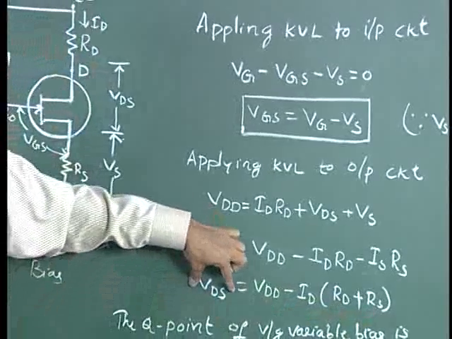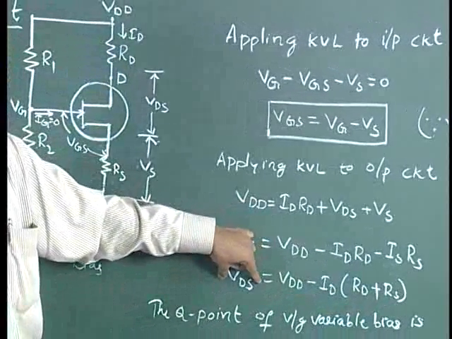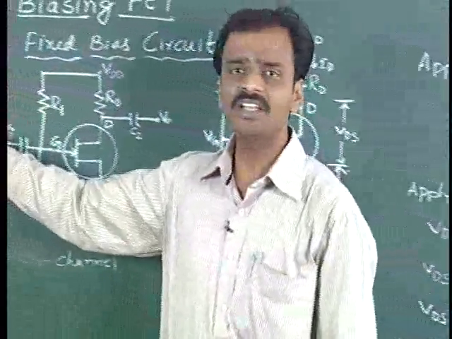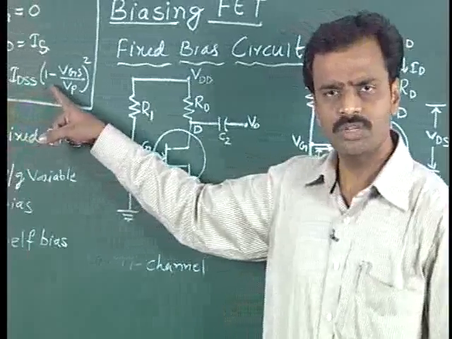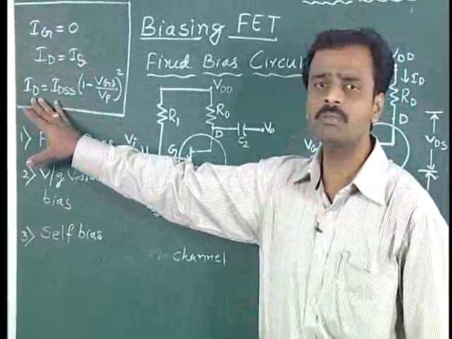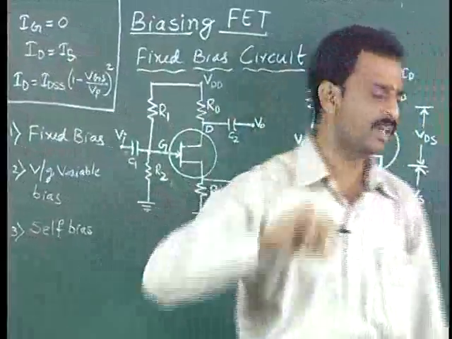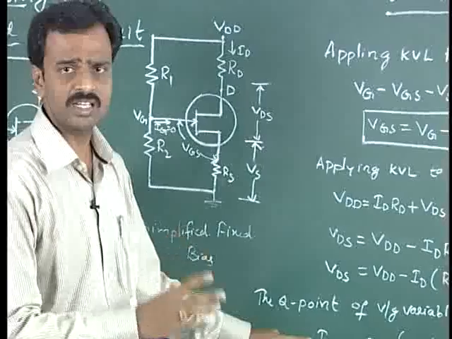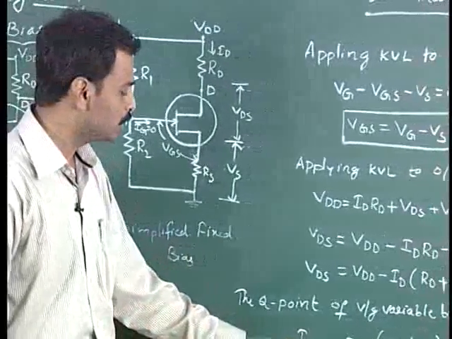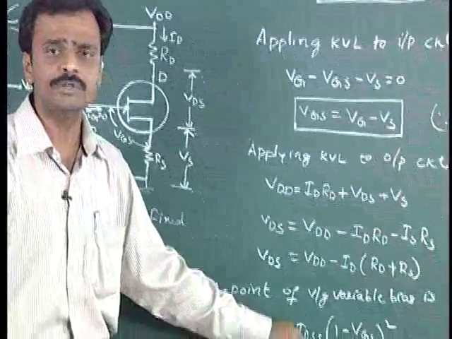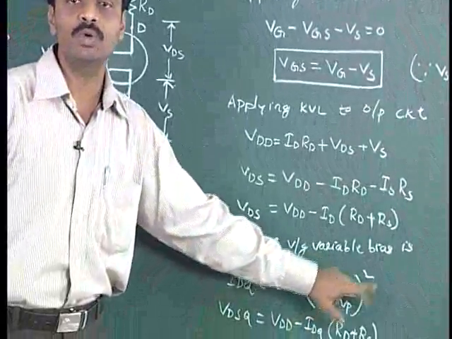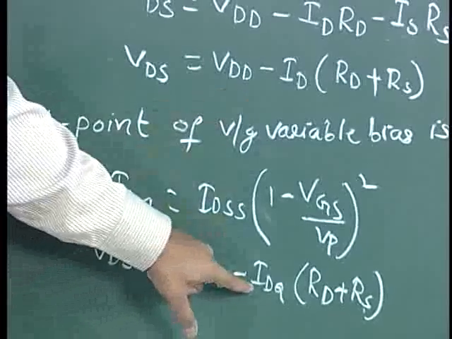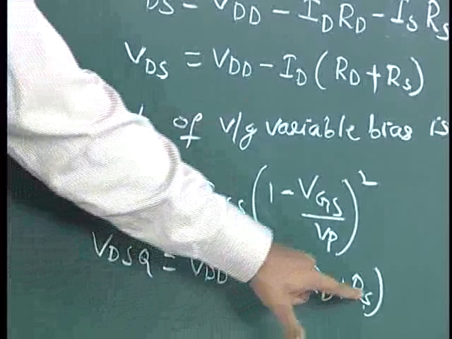So this is the final value of the output voltage, and we know the drain current ID is equal to IDSS into 1 minus VGS by VP whole square. It's the same operating point we use in this case, so the Q point resulting for the voltage divider bias is IDQ equal to IDSS into 1 minus VGS by VP whole square, and VDSQ is equal to VDD minus IDQ into RD plus RS.